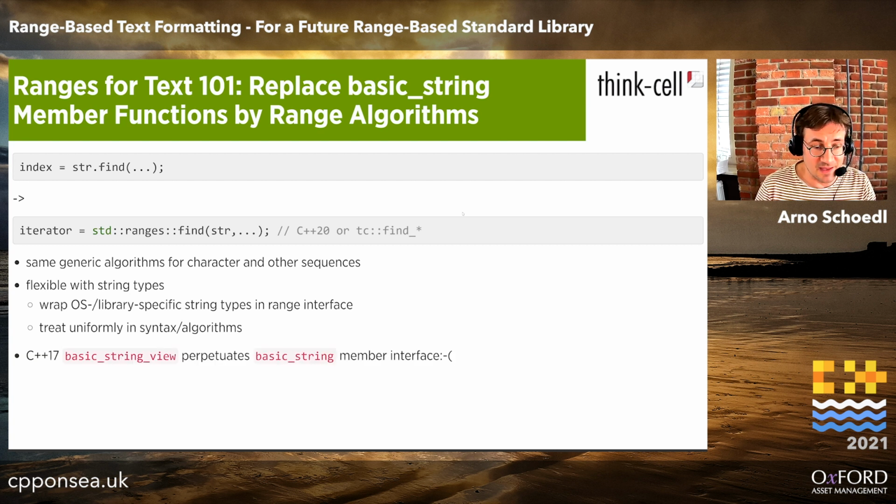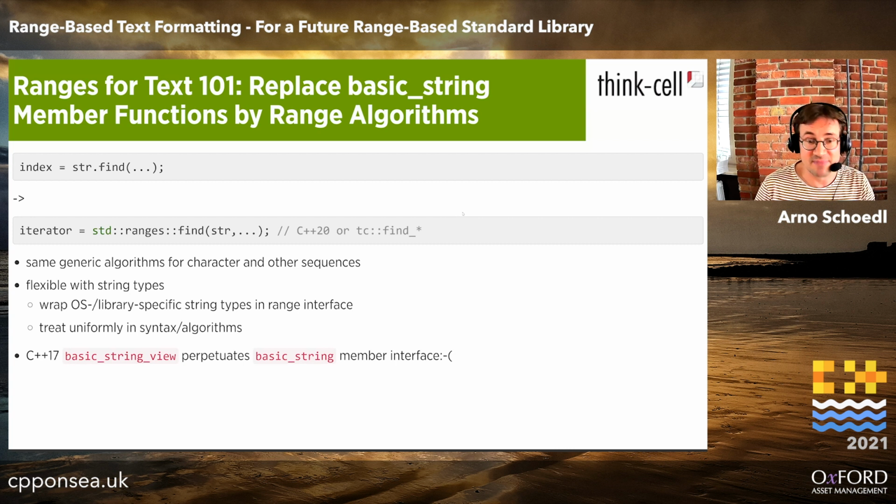Now, unfortunately, the standard library designers haven't been quite so aggressive in pushing for ranges for string processing. C++17, for example, brought us basic string view, which really just perpetuates this old basic string member interface.